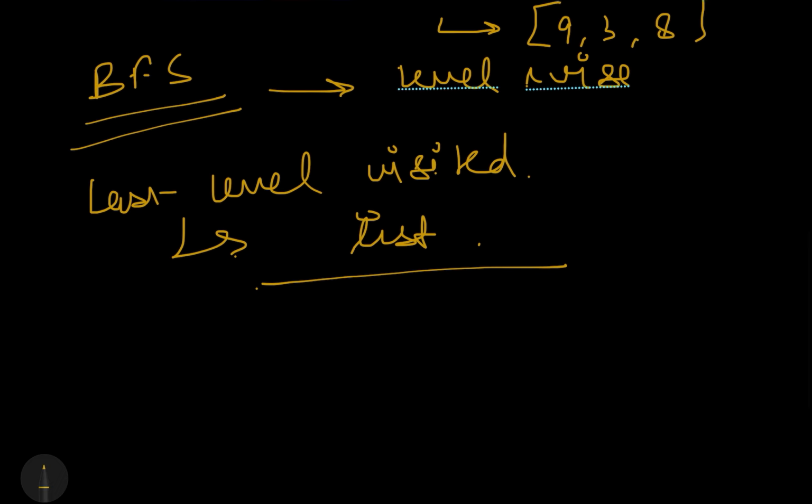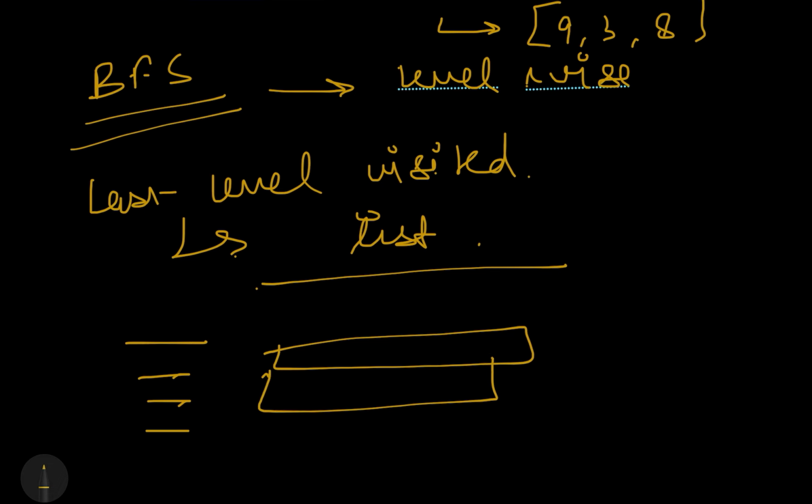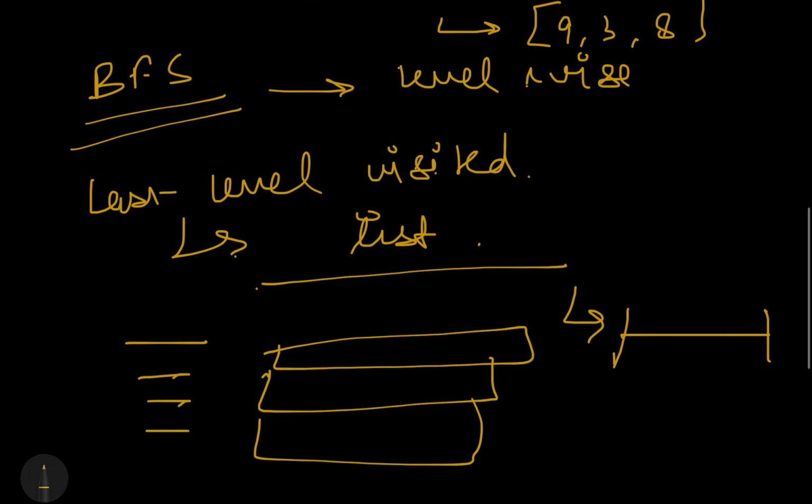So we'll take a queue and traverse level by level, and then we'll have a parent map which will have the parent nodes, and at last we'll have the list which has the deepest nodes.